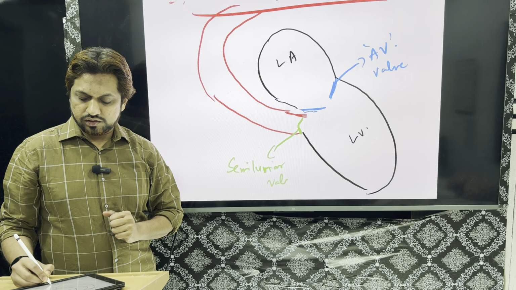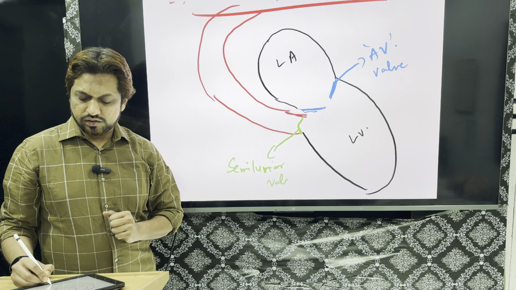There is opening of the atrioventricular valves. Why do they open? Here is the left ventricle, and there is the aorta. The atrioventricular valves open because the pressure in the left ventricle decreases further below the atrial pressure, which is increased due to the filling.